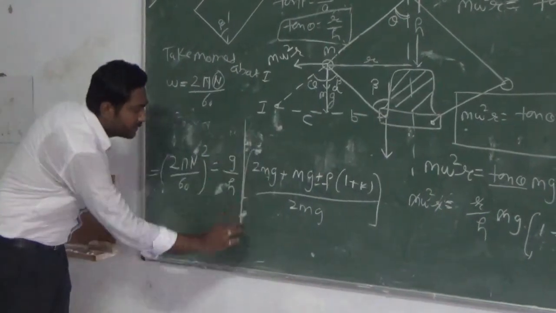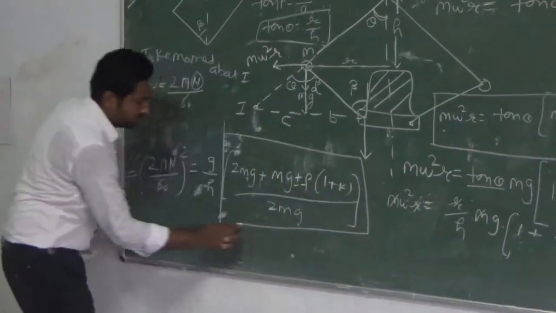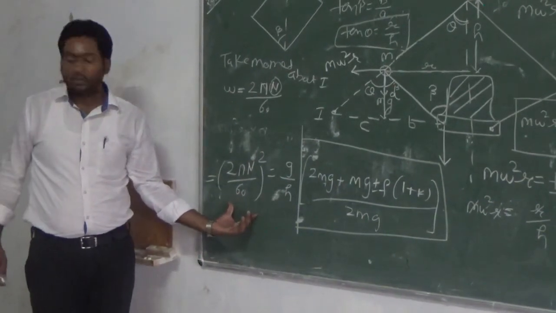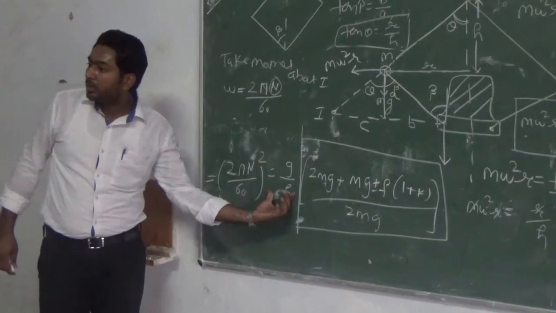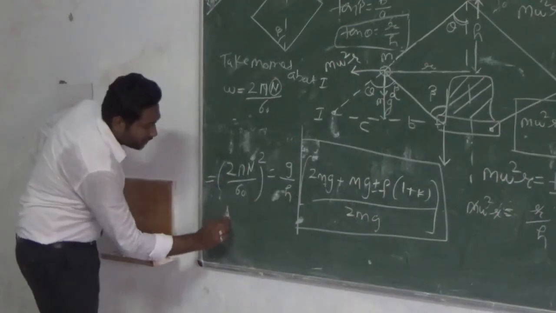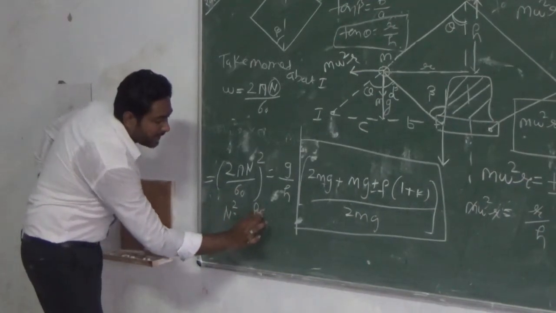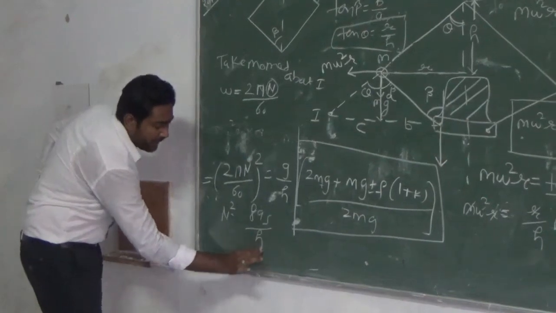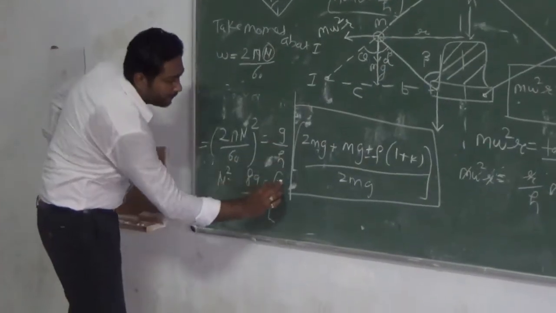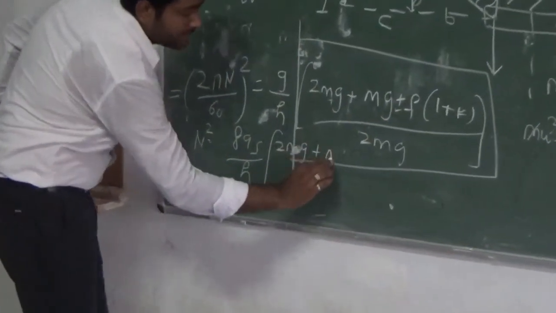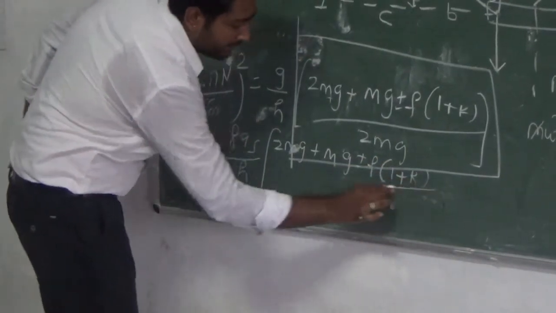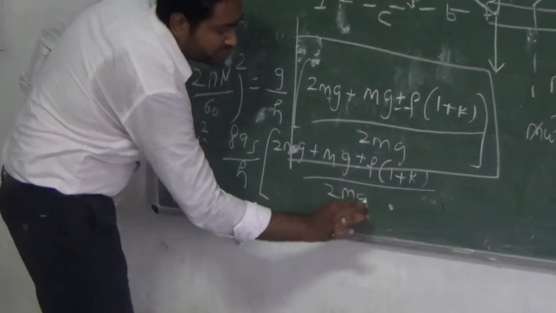This term is similar to what? Governor. So to solve this term, n square is 895 upon h. Continue with this term, 2mg plus capital Mg plus minus f, 1 plus k upon 2mg.